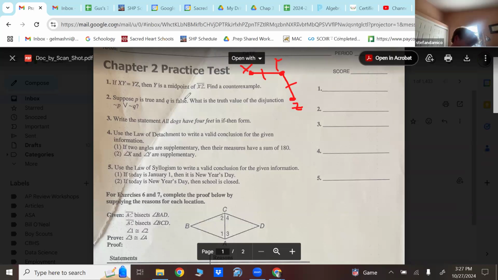So P is true and Q is false. What is the truth value of the disjunction? So it's not P, union not Q. So you could say, gosh, it's a tricky one.